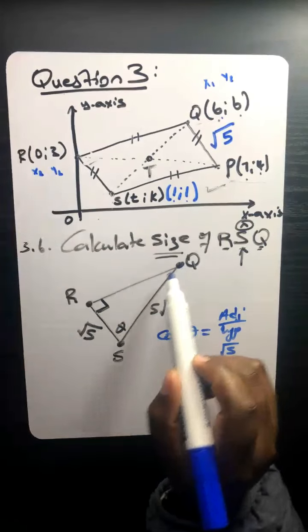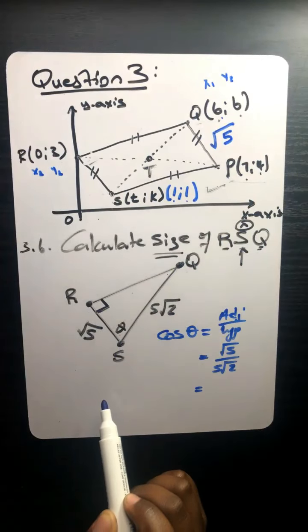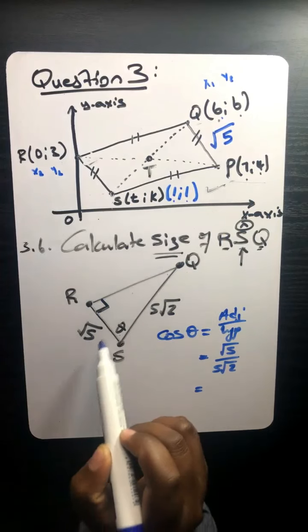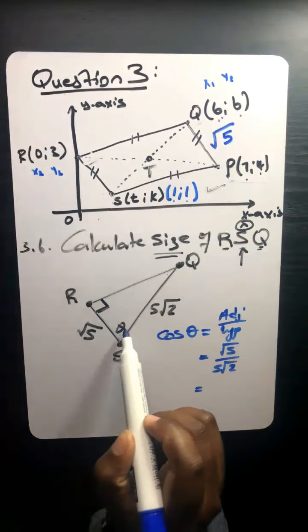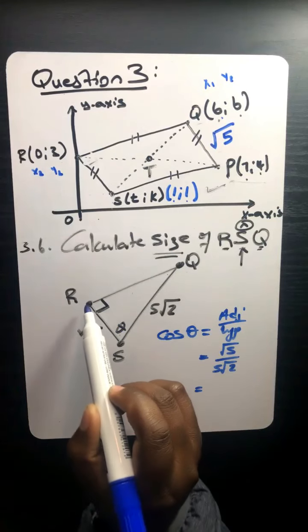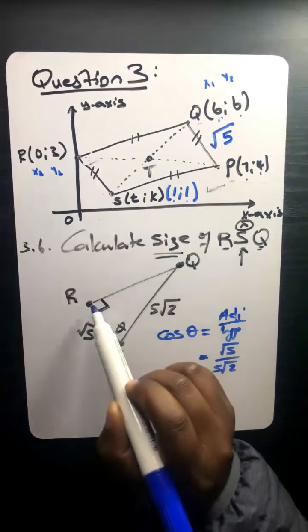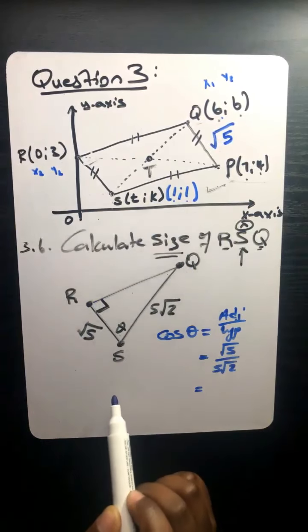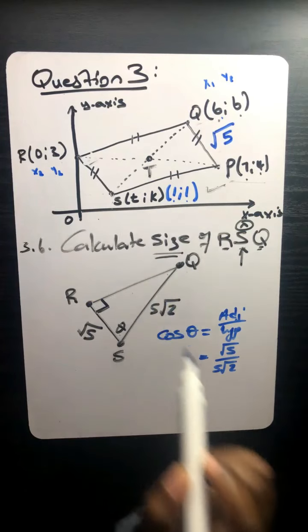So remember guys, if a triangle is given in that manner, and this is where we have our 90-degree angle, then that angle there, this side becomes our adjacent, and that one there is obviously our opposite. Then this one is our hypotenuse.